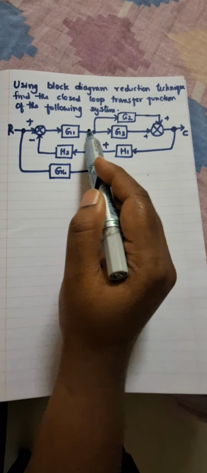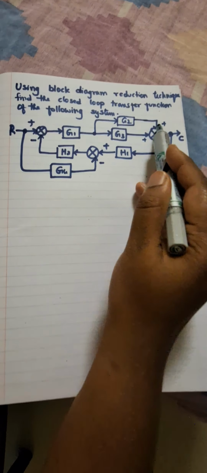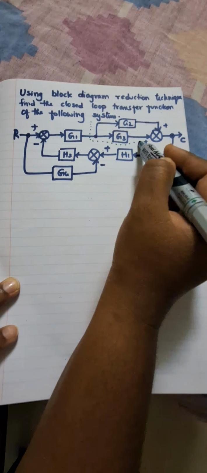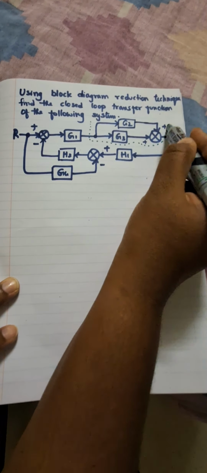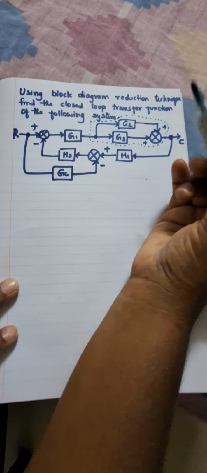Now go like this. G1 is there. G1 is going to G3. And G3 has a parallel element, G2. So simply you can say that these two elements are in parallel. When elements are in parallel, you add them, right? So now what happens?